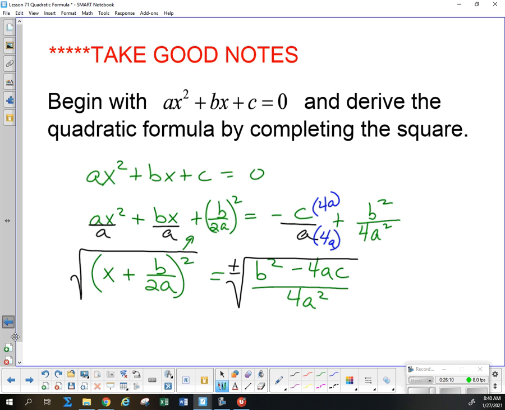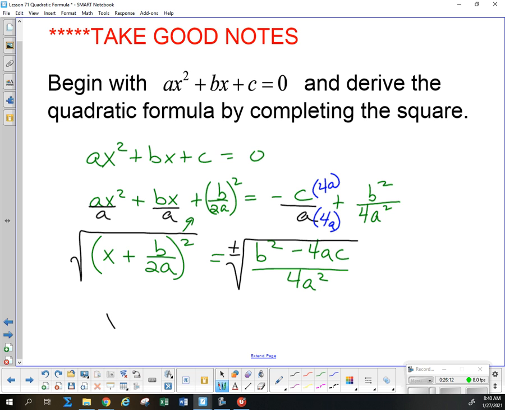So that means that I have x plus b over 2a, the parentheses squared went away, equals plus or minus the square root of the numerator over the square root of the denominator. Square root of 4ac, square root of 4 is 2, square root of a squared is a, so 2a.